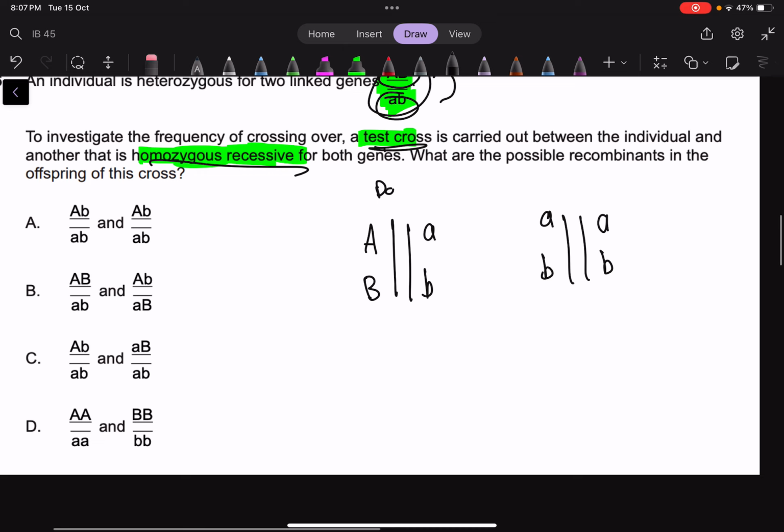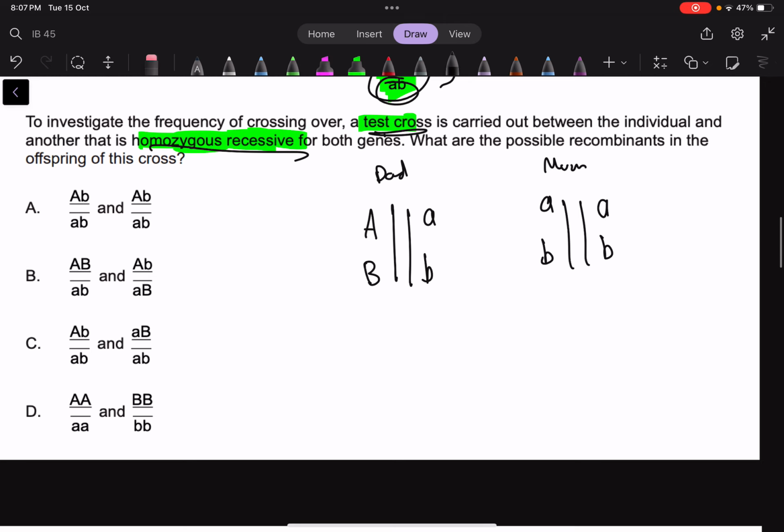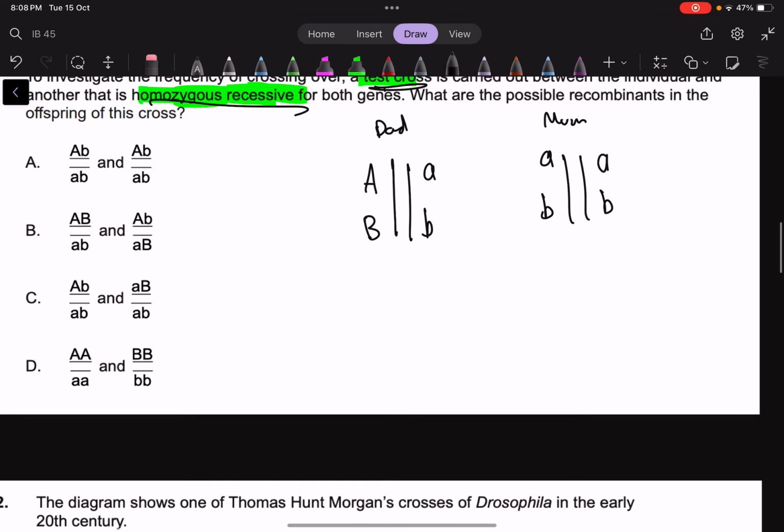Okay, let's say this is dad. Let's say this is mum. It doesn't really matter which way around you do it because it's autosomal anyway. But let's go ahead and do this. So when identifying recombinants, the first thing you need to do is combine the parental gametes to get a kid. How that works is, if we remember from meiosis, you get 4 gametes.